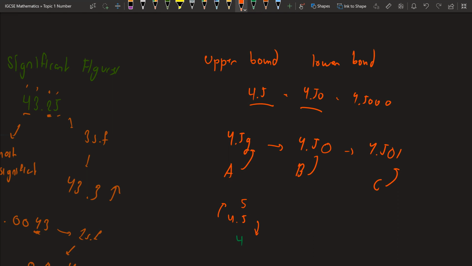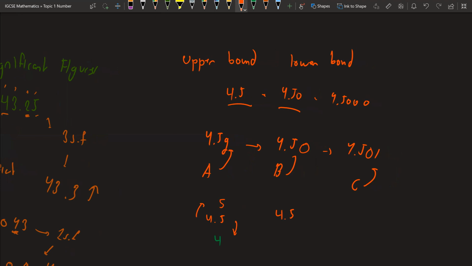Right? But then, if you want a somewhat more accurate value, you could represent it this way using the upper bound and lower bound.